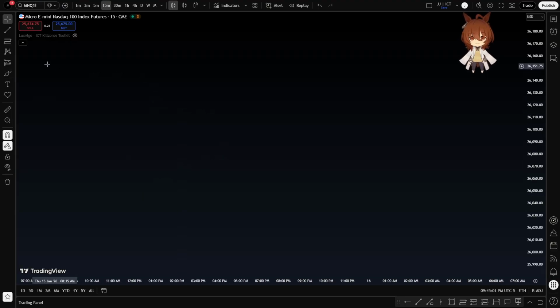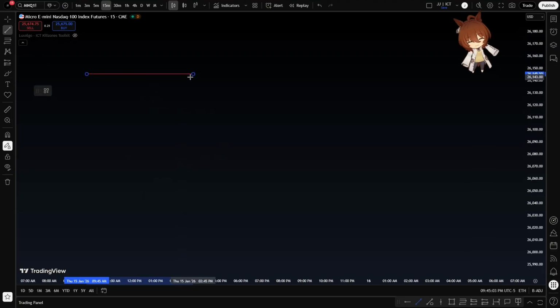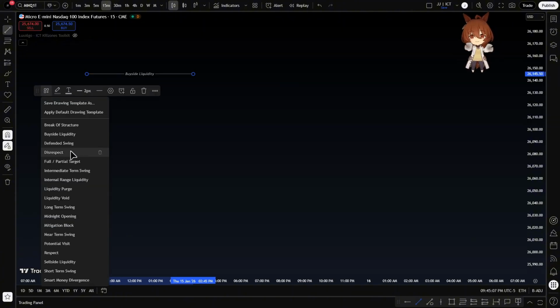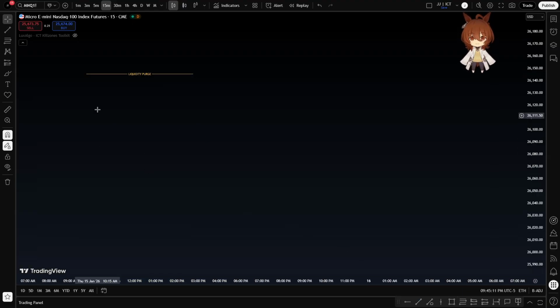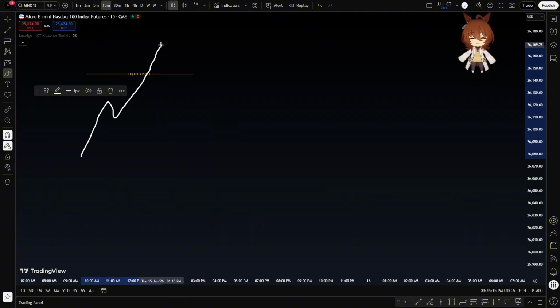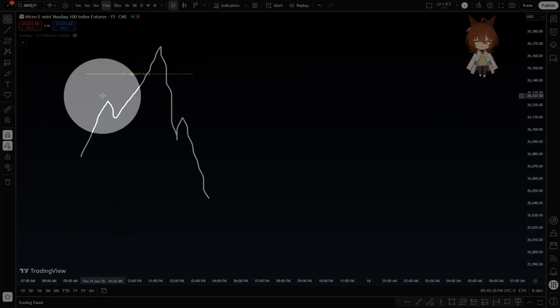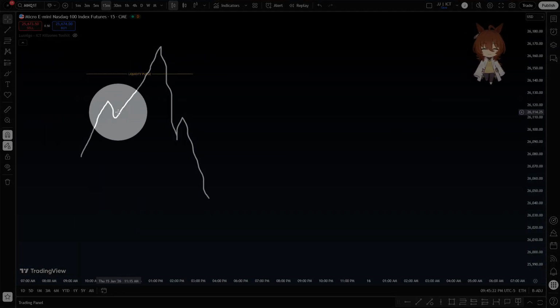Let's say you have buy side liquidity over here. A breaker forms by purging buy side liquidity. Not exactly buy side liquidity, but just purging some form of liquidity. So let me draw that for you. It'll go up. Okay. Right there will be the breaker. That's all you need to know.